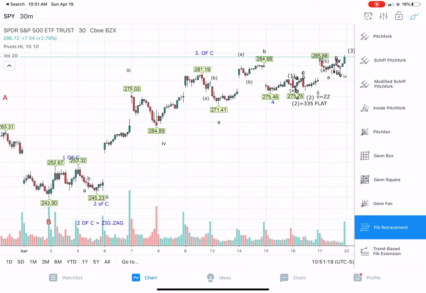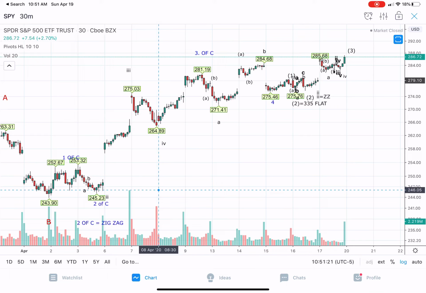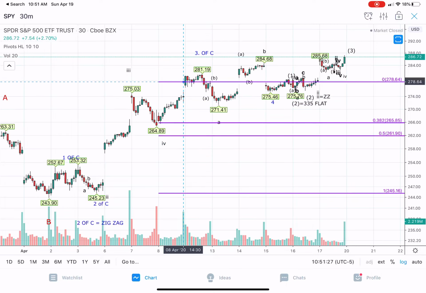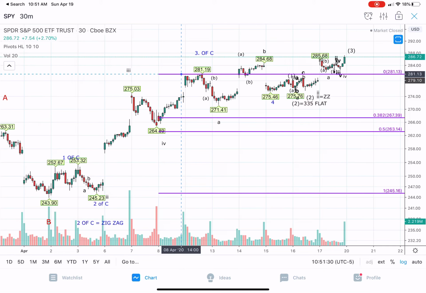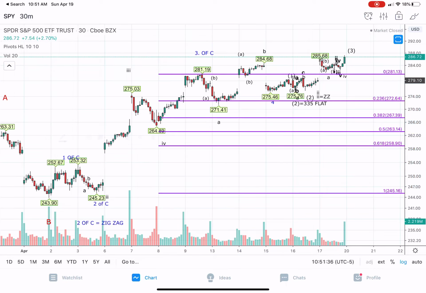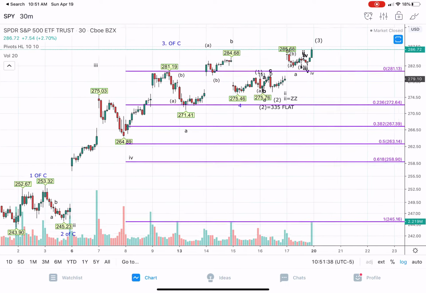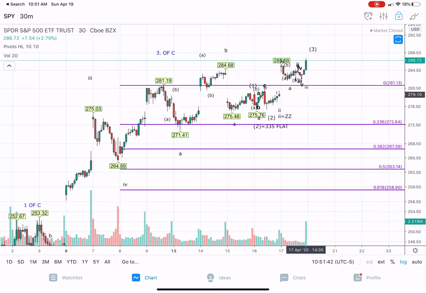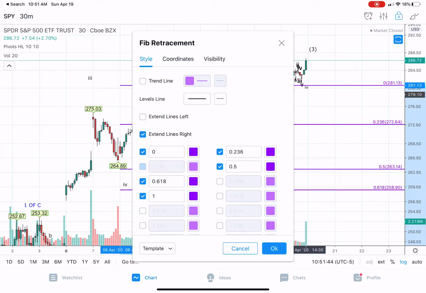So what I do again is I measure the wave 2 low right here of 245.23, and I extend it up to the wave 3 high of 281.19 right there. And then here we get another flat correction. So let me remove these fibs.